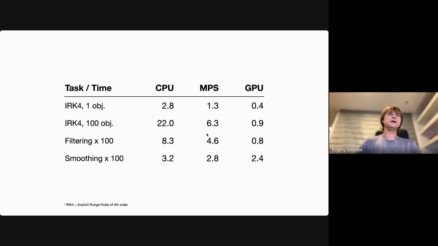There is also one more column here, which is called MPS. And it is very useful for those people who are using MacBooks or Apple devices, because they have a different architecture. You cannot use a GPU on Apple devices. However, if you just use it like I use it for my experiments, when I don't need a lot of calculations, when I just run a few of them, I can still speed up the execution time.